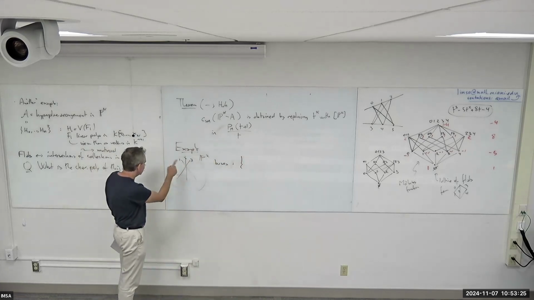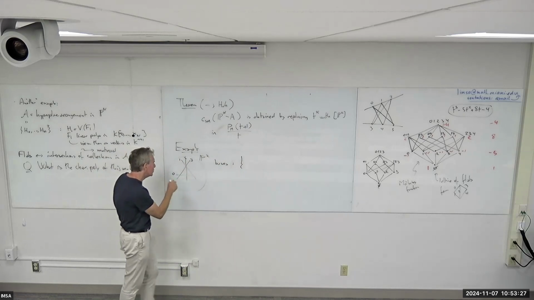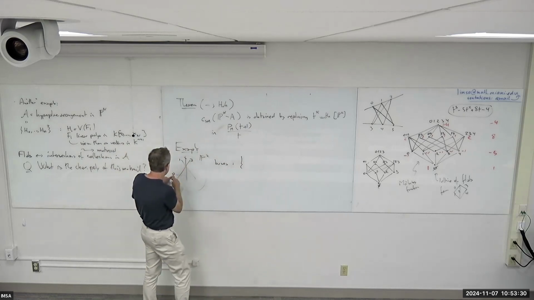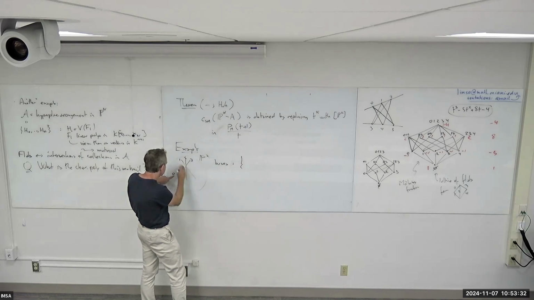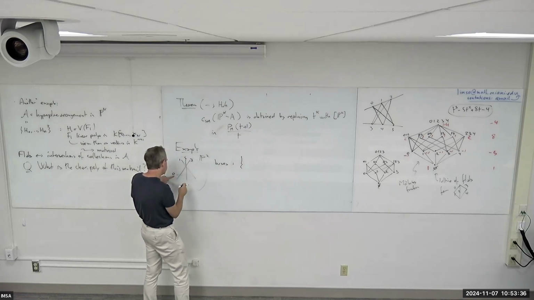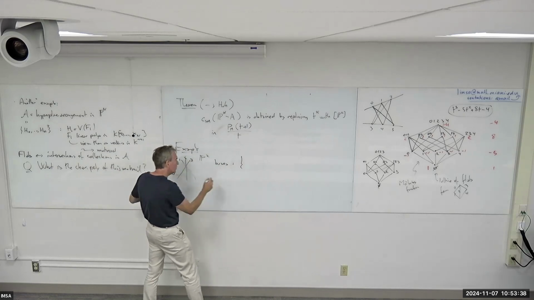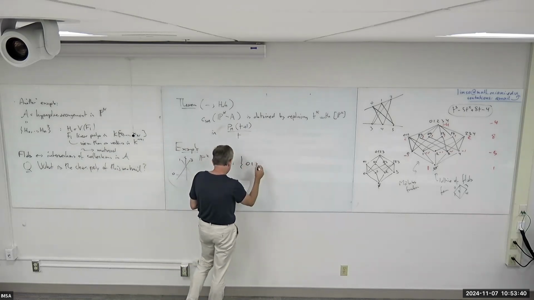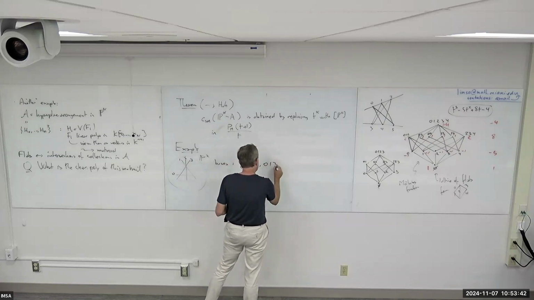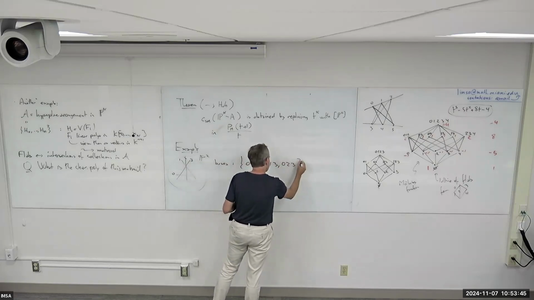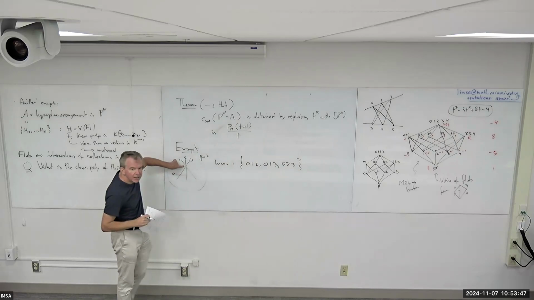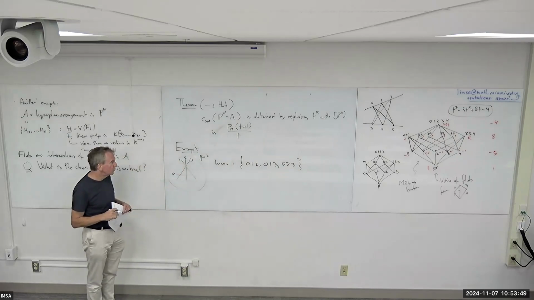That's an easy list because there's a total of 4 hyperplanes, and you just have to see which ones do not intersect. So I have empty intersection for 0, 1, and 2. 0, 1, and 2 have empty intersection, right? There's no point common to all. And then 0, 1, 3, and 0, 2, 3. The only bad choice is 1, 2, 3. 1, 2, 3 have a nonempty intersection, so you don't have to include this.